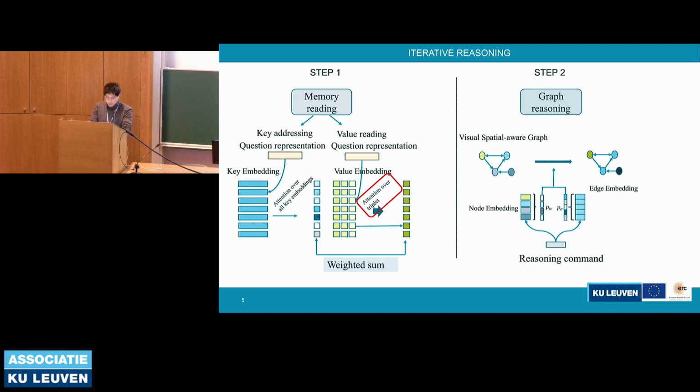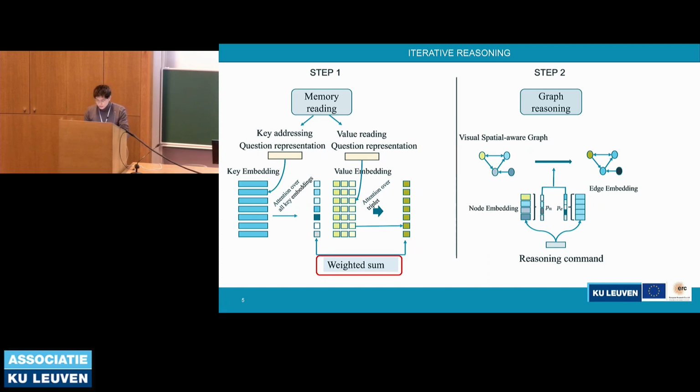First, we use our question representation to conduct cross attention over the value embeddings to get a representation for each triplet. Second, we use the question representation to compute the attention score over the key embeddings. Then we compute the weighted sum of these two to get the final knowledge representation, which is further used to update our question representation.